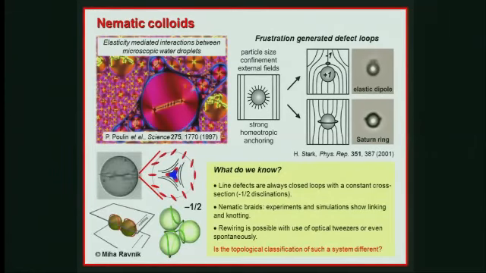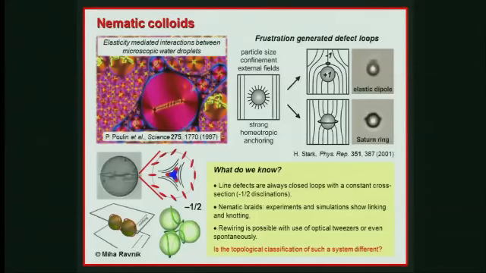So we will focus on such systems where we have particles encircled by defect loops. What do we know about them? We know that such line defects are always closed loops with a constant hyperbolic cross-section like here.